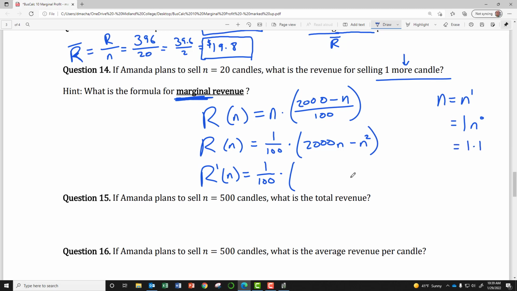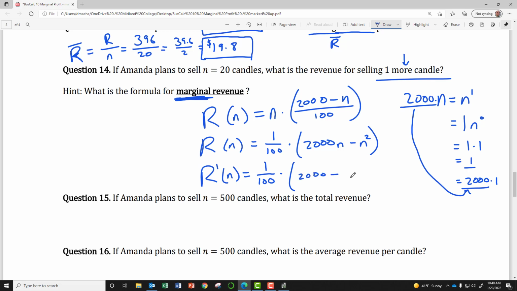N to the 0 power is just 1, so that's just 1 when I take the derivative. So sorry, this chain looks a little bit sloppy because I'm just ignoring the 2,000 until the end. But the derivative of 2,000 times n is just going to be the number 2,000.